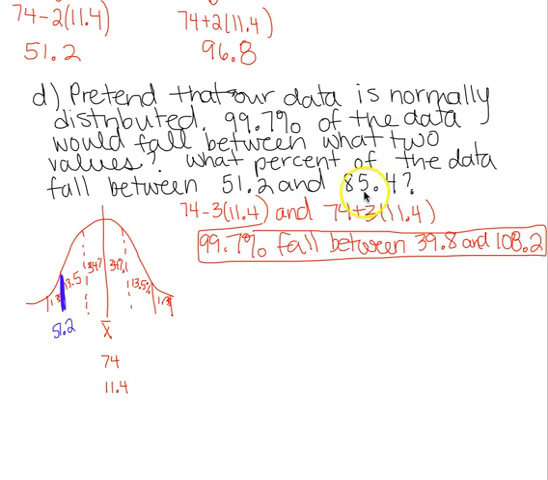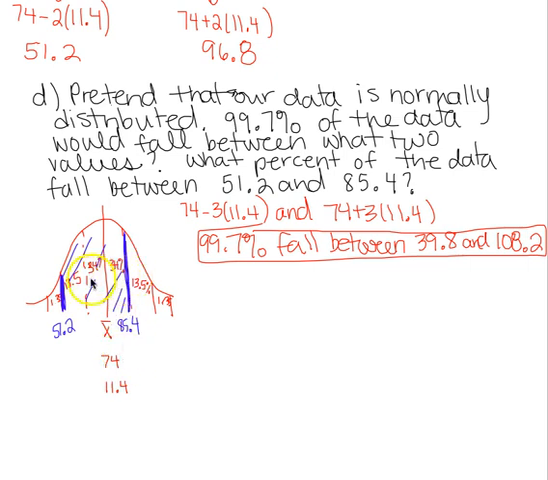Our other value, 85.4, if I take 74 and I add a standard deviation, it does give me 85.4. So that would be right here. So it wants to know approximately how much of the data would fall essentially in this blue area here.